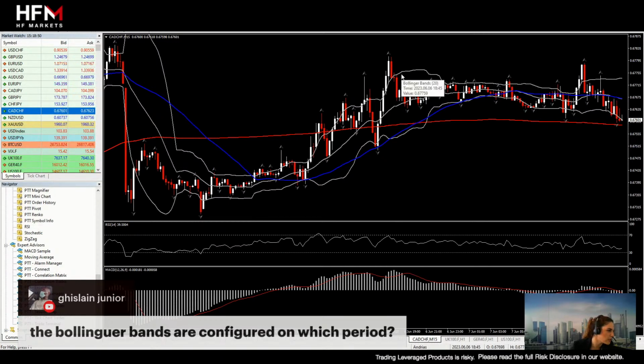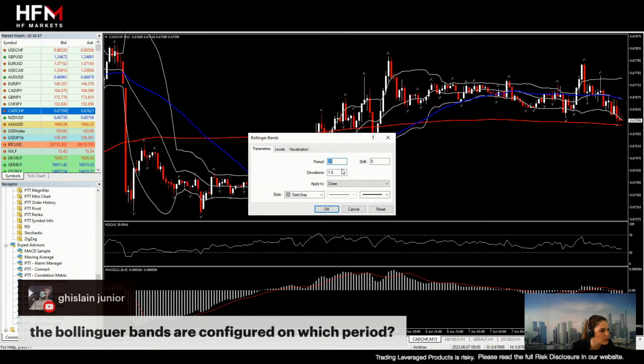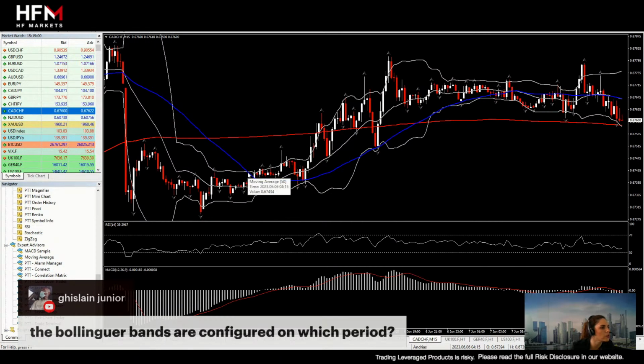Like this one is 1.5 and it looks just fine for Cat Swiss in the 15-minute chart. If I put back the two standard deviation, not bad either. Selling pressure, rebounded at the midline, extended, retested repeatedly the upper line, and sold again. Another retest high, oversold.